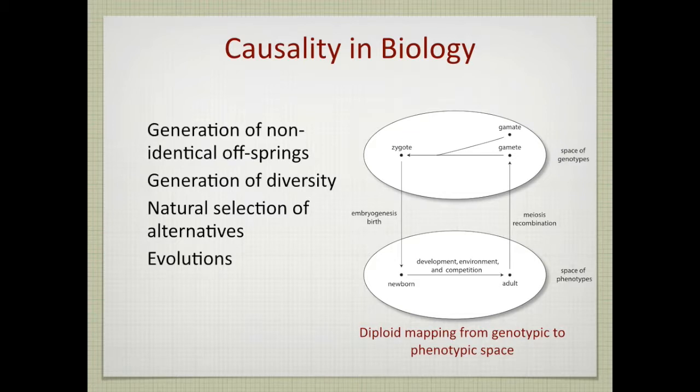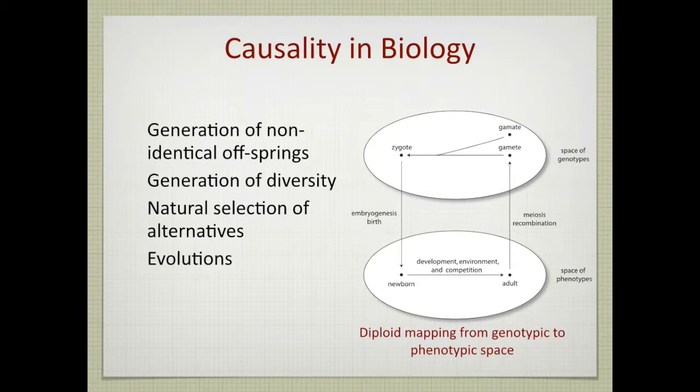So for eukaryotic organisms that undergo sexual reproduction, we can start that process in the genotypic space, where two haploid versions of a genome combine to form a diploid version embodied in a zygote. That zygote is then projected into this phenotypic space, where an organism takes on a physical manifestation.